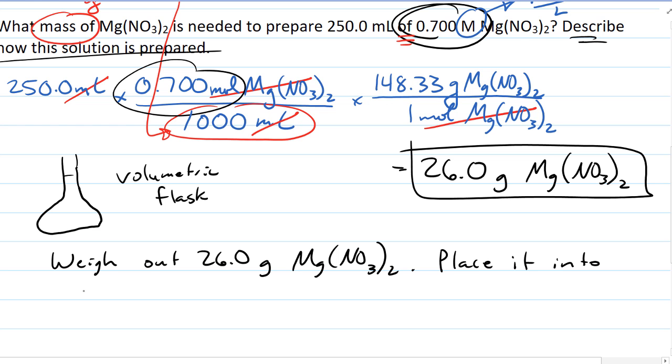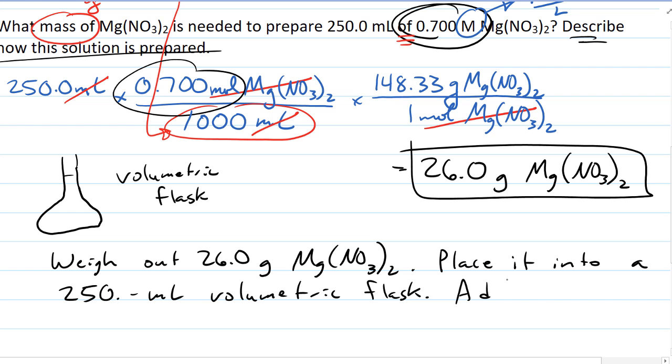Which flask? Volumetric. How big a volumetric flask? 250 mL. Right. So we're going to place it into a 250 milliliter volumetric flask. Then what? Add water to dissolve. Mix to dissolve. And then we're going to fill to the line, fill with water to the line.